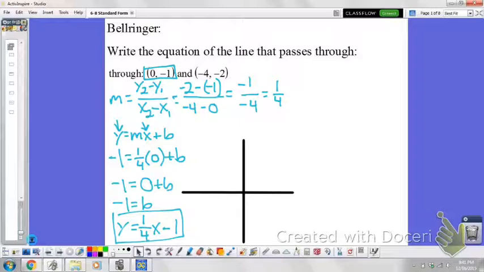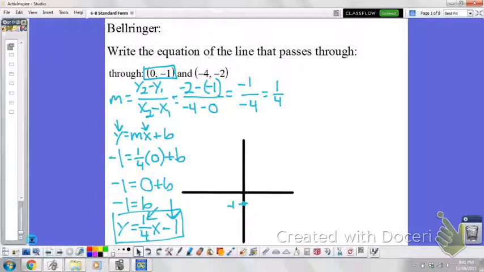Now, as a little refresher on graphing, let's go ahead and graph the equation y equals 1/4 x minus 1. Remember, when we are graphing, we begin with our y-intercept. So I will begin at -1, and at -1, I will put a point. And then I move with my slope.